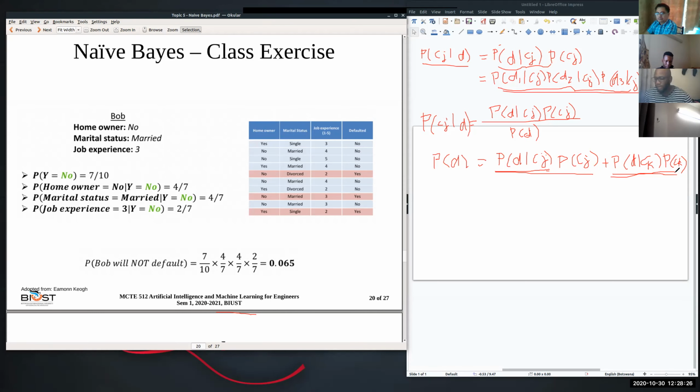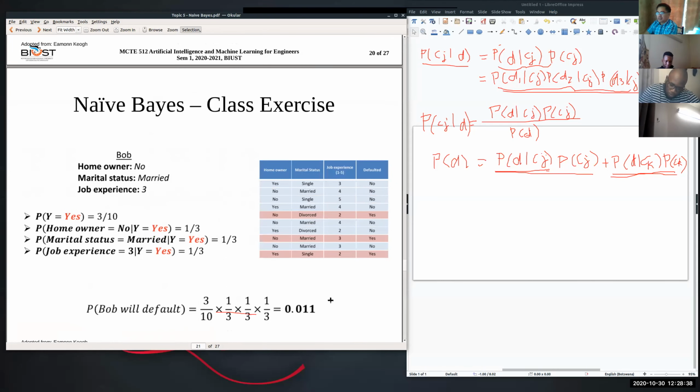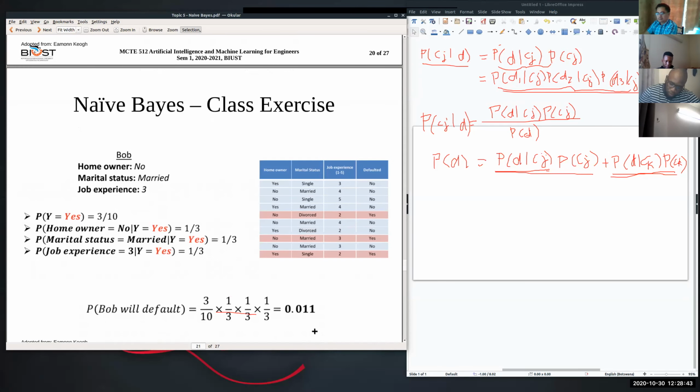Okay, then we can see probability of Bob will default is 0.65, probability that he will not default is 0.11. This is not equal to 1. Is that correct or no?